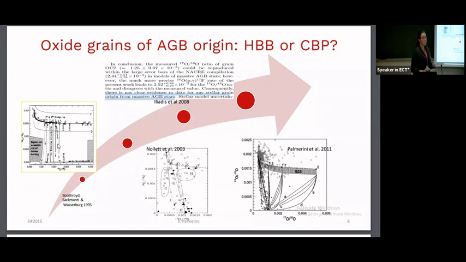And since the beginning, people started to say, okay, it should be hot bottom burning. It means the stars are massive enough to have at the bottom of the convective envelope a temperature high enough to allow some proton capture to take place.